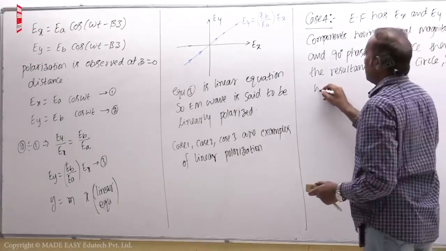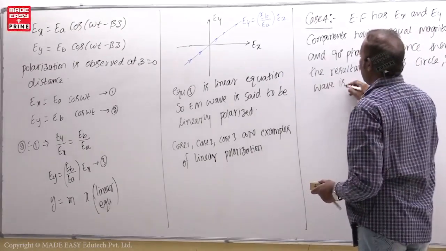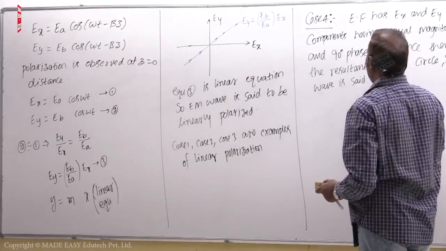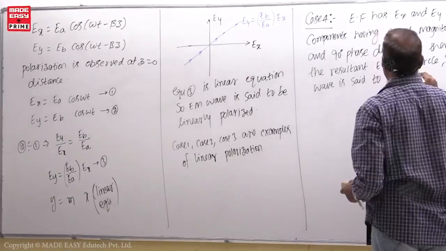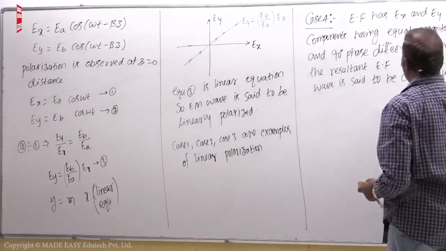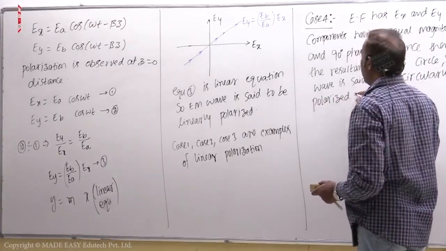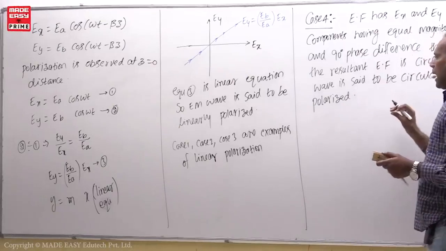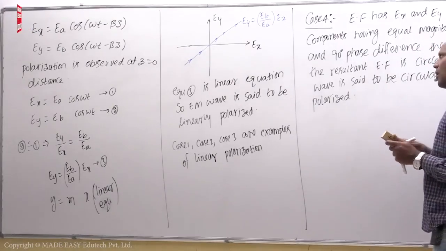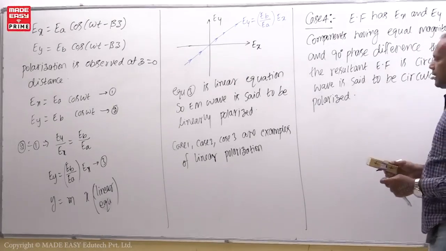So the wave is said to be circularly polarized. I will take one example and solve it so that you will understand what is written here.